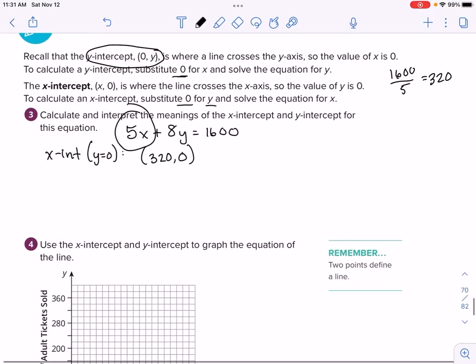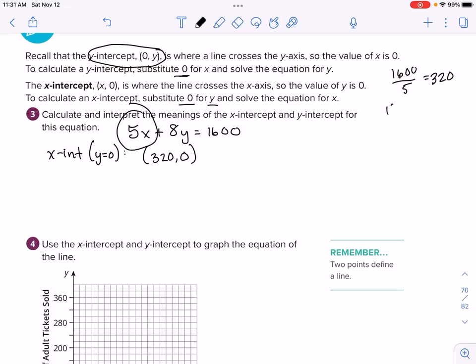And you would divide both sides by 8, so you do 1,600 divided by 8. And 16 divided by 8 is 2. Let's add 2 zeros here, so that's 200. Okay, so we'll say y-intercept, that's where x is 0. And since x is 0, we'll put 0 here and 200 here.